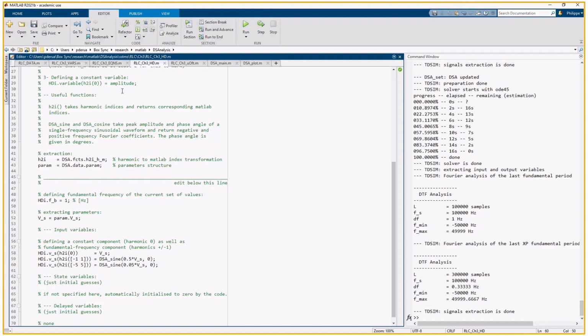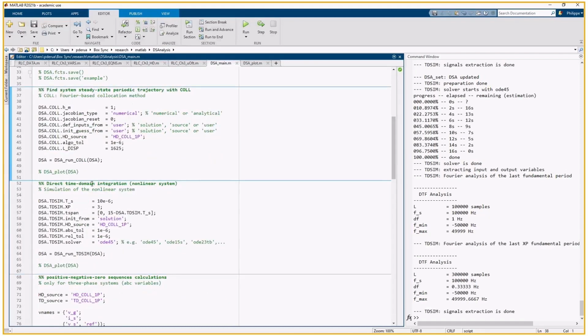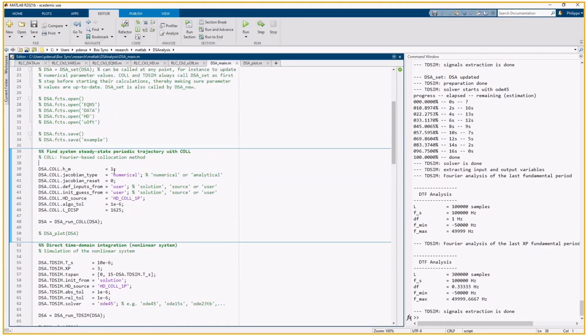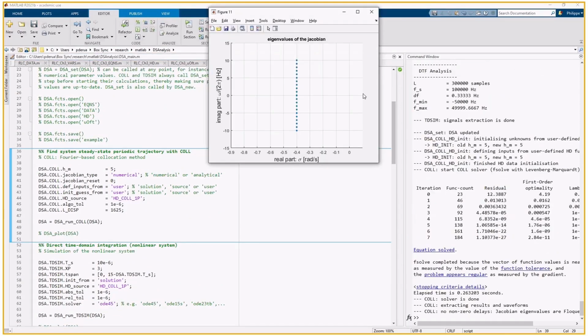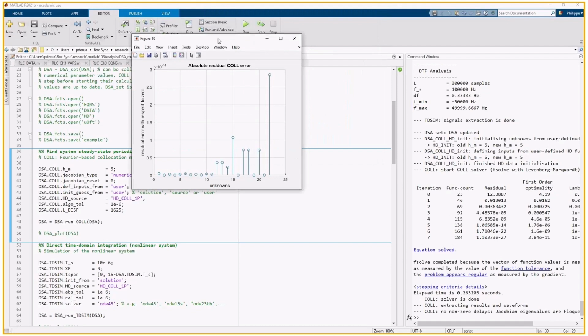Naturally, if I want this to work, I also have to rerun the collocation method with a maximum harmonic rank equal to 5. I run this. I have again the eigenvalues of the frequency lifted system. I see that the solver has converged to within a small error, so I have confidence in the result.